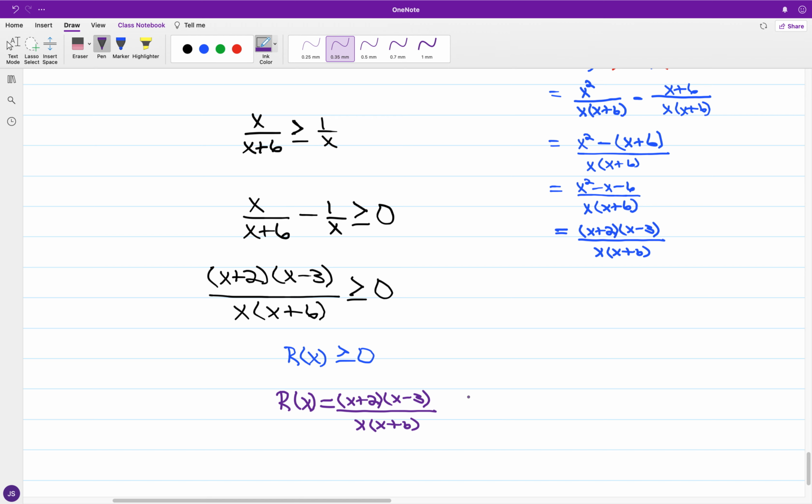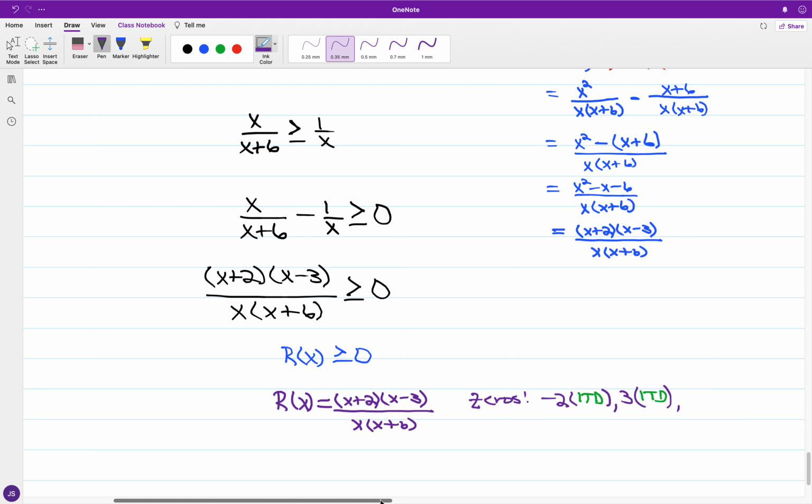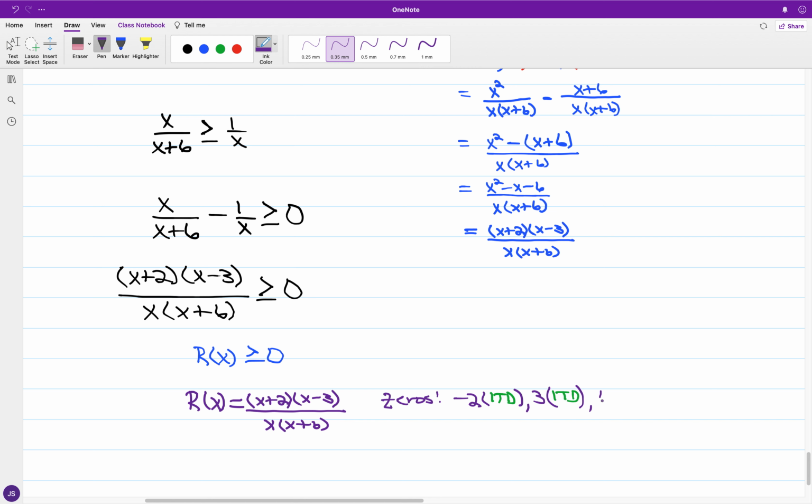Now for the zeros: from x plus 2 I have negative 2, and that's going to be in the domain. From x minus 3 we have x equal to 3, and that just creates a 0 numerator value, which is also in the domain. But for the other two zeros, those will not be in the domain since the corresponding factors are situated in the denominator.